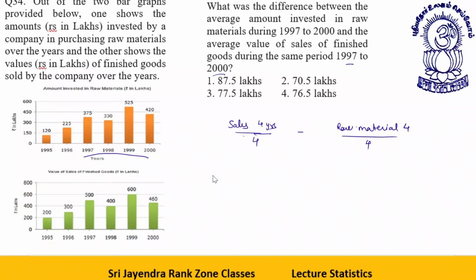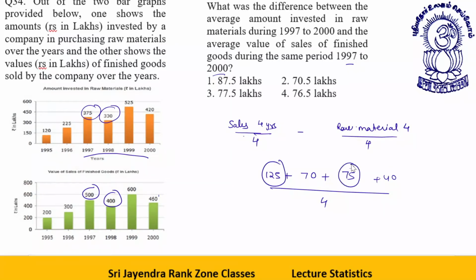Okay, now what I will do is, rather than doing this, I'll just add the differences. See, 500 minus 375 is what? 125. Then difference 400 minus 330, this is 70, plus 600 minus 525, this is again 75. 460 minus 420 is 40. See, this divided by 4.